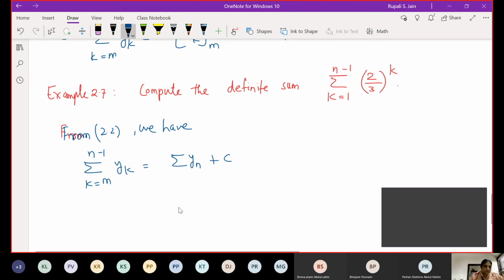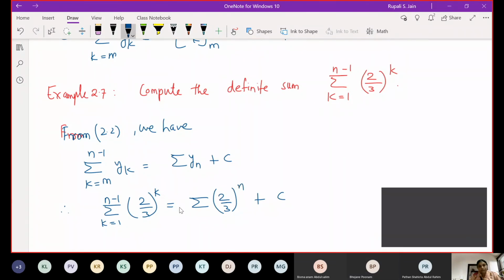We have this. Therefore, what can I write? Summation k from 1 to n minus 1 of 2 by 3 raised to k is equal to summation of 2 by 3 raised to n plus c.